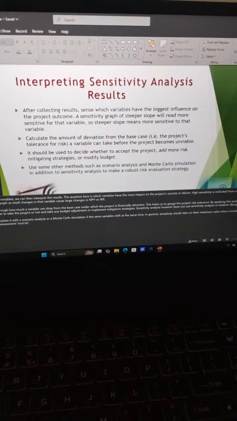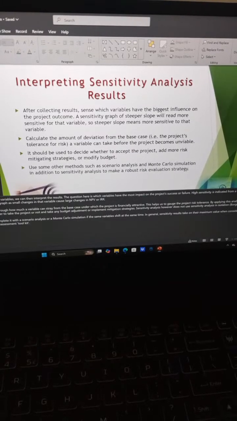Next slide, interpreting sensitivity analysis results. After we collect the results, we see which variables have the biggest influence on the project outcome. On a sensitivity graph, a steeper slope will read as more sensitivity for the variable. So a steeper slope means more sensitive to that variable, right?